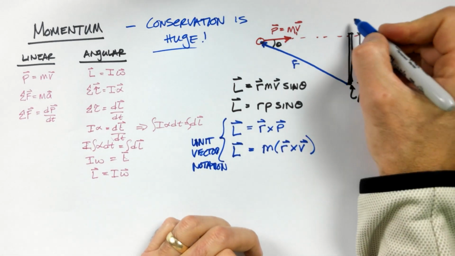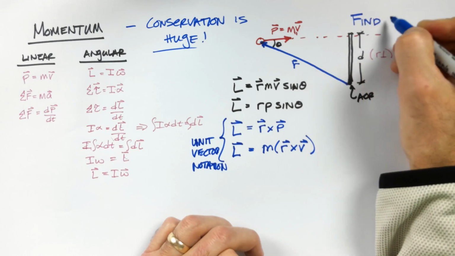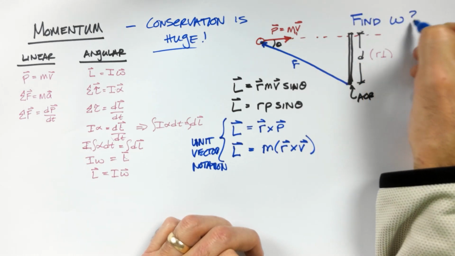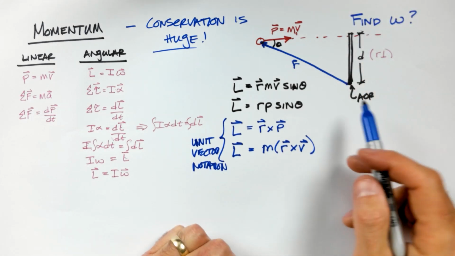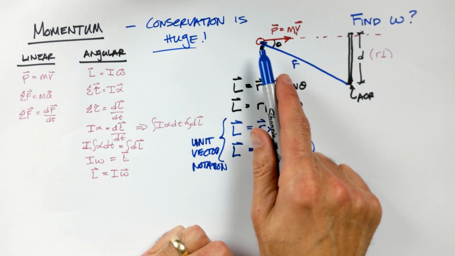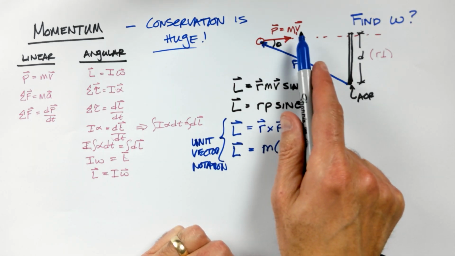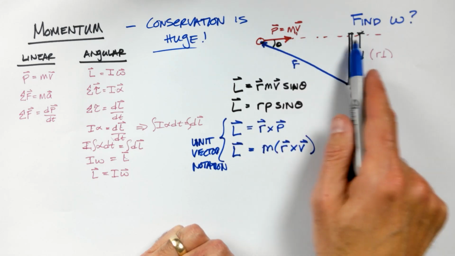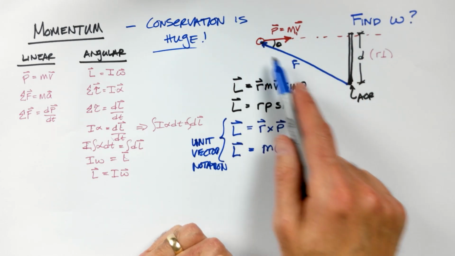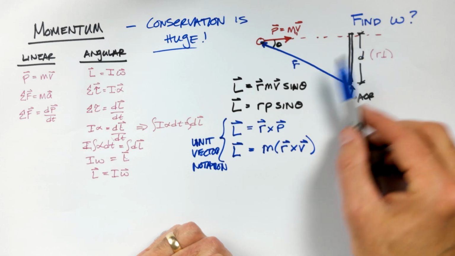What if we need to find the final angular speed of the system after this collision? So lump of clay, mass m1 times velocity moving in this direction, so momentum moving in that direction. This r value again is changing.